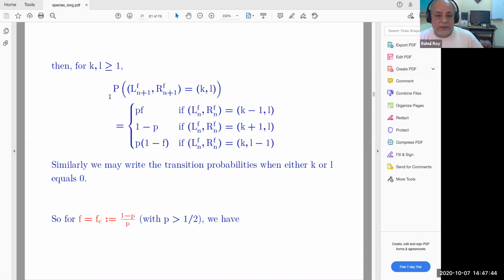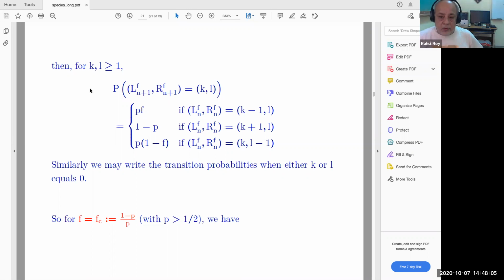And it's, as I told you, a simple Markov chain. So starting from (k, L), what could happen is a new species could be born with fitness less than f, or a new species could be born with a fitness more than f, or a death can happen.